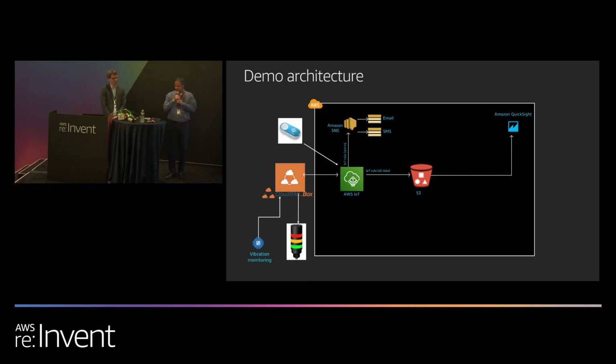All right, so let's take a look at the vibration sensor. This is the vibration sensor. Because of excessive vibration on a critical piece of equipment, vibration exceeded a certain threshold. We are sending off alerts, email and SMS, but we are also turning on this tower light. That way, the maintenance staff knows that there's a problem with a critical piece of equipment. Now, using an IoT button, you can then acknowledge.